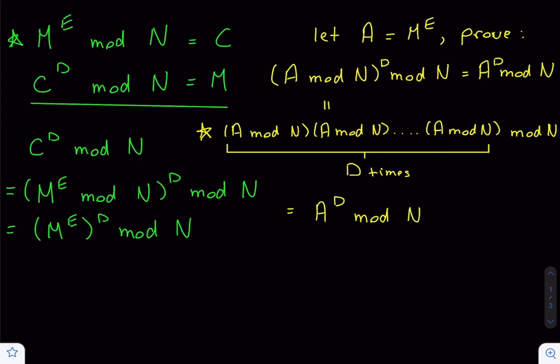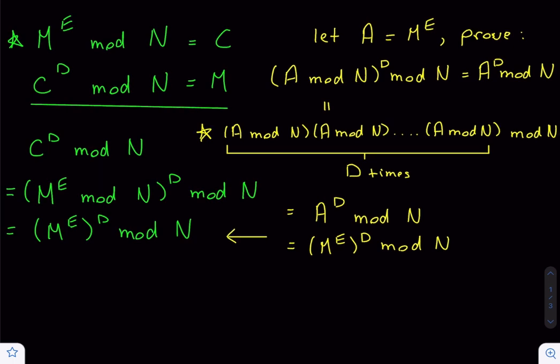And so substituting m to the e back in for a, we have that this is equal to m to the e all raised to the d mod n, which is precisely what we were trying to show. And so now we can say that m to the e to the d power mod n is of course equal to m to the ed power mod n.